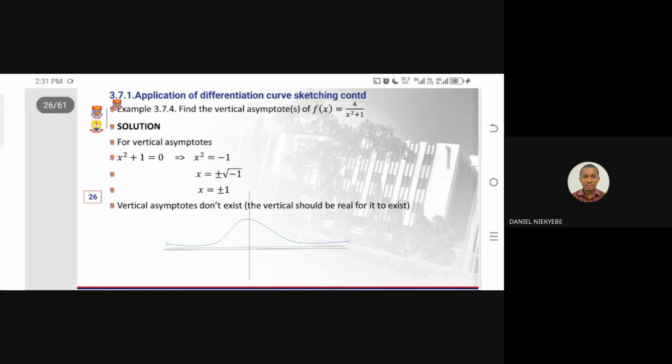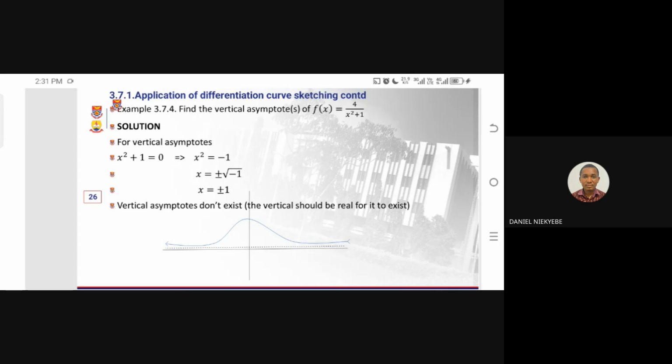The next example says, find the vertical asymptote of f(x) is equal to 4 over x squared plus 1. So as usual, this is a rational function. Our q, that is the denominator, should not be equal to 0. So if we equate it to 0, we want to determine our vertical asymptote, the point where the function is undefined. When you do that, you realize that it is supposed to be x is equal to plus or minus i.